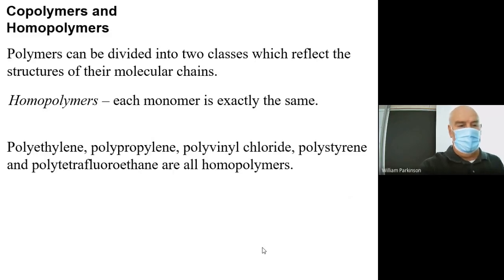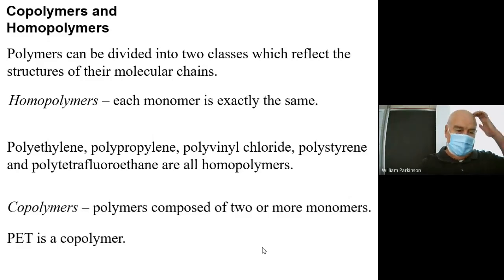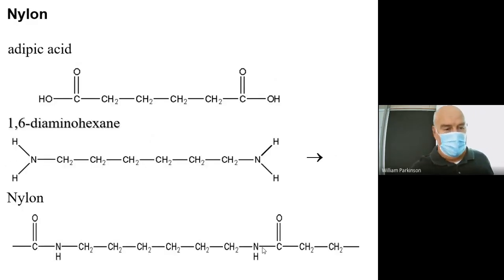If you use copolymers, they have different monomeric forms. And the PETE, PET, is a copolymer because it has different units. As a matter of fact, anytime you have a condensation polymer, condensation polymers are all going to be these so-called copolymers.